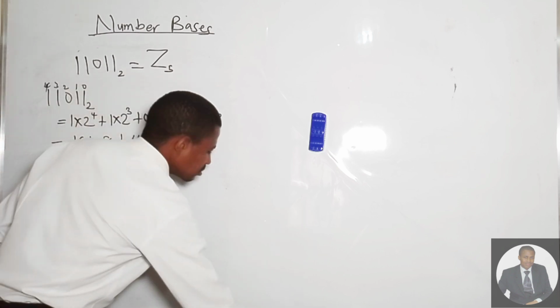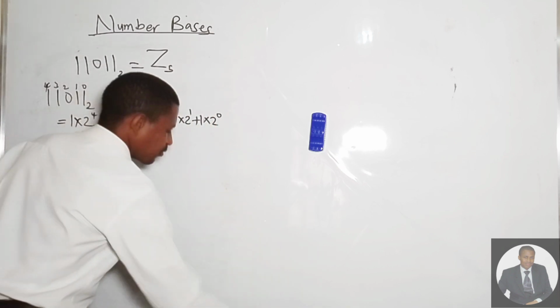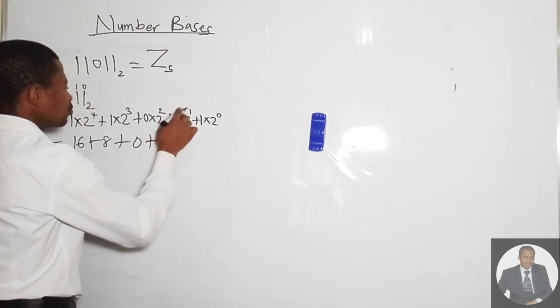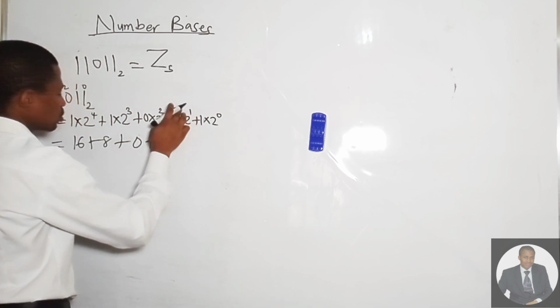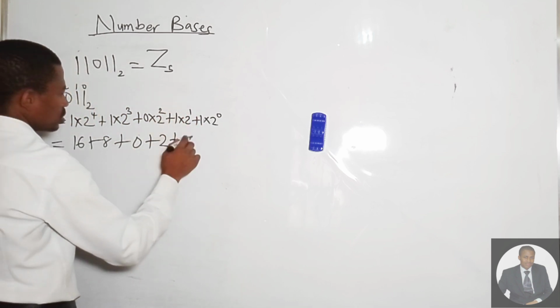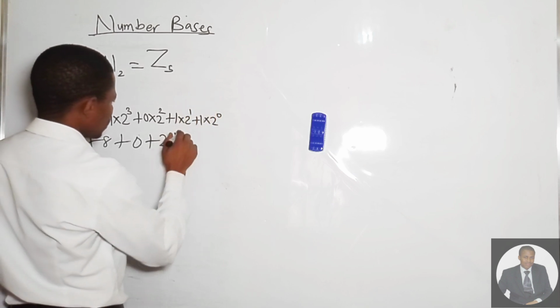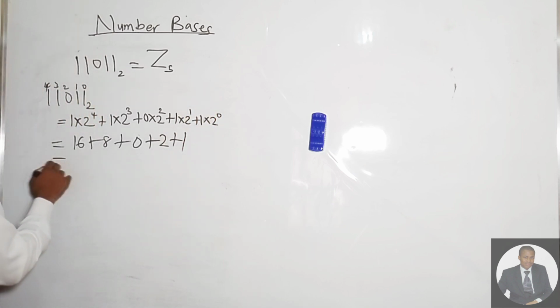Anything times 0 is 0, so 4 times 0 is 0. 2 to the power of 1 is 2, plus 2 to the power of 0 is 1.